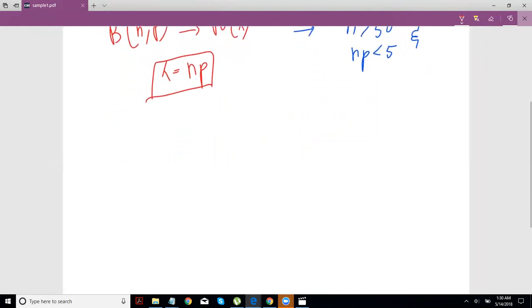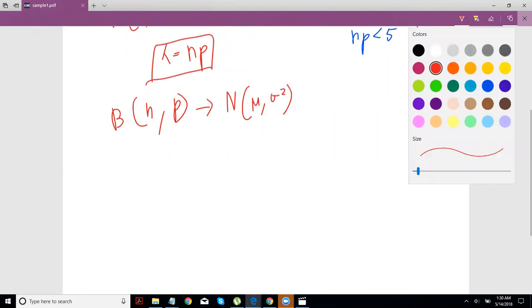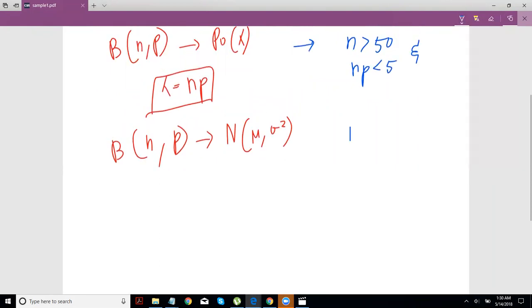Very simple. If you want to go from binomial, excuse the handwriting, to let's say normal, right? Well, the conditions for this, now this is slightly important. For this one, np has to be less than 5 and nq has to be less than 5. So don't mix these two conditions up.